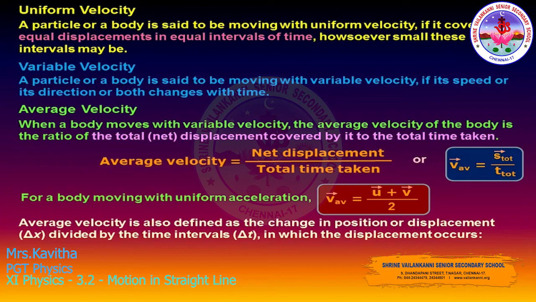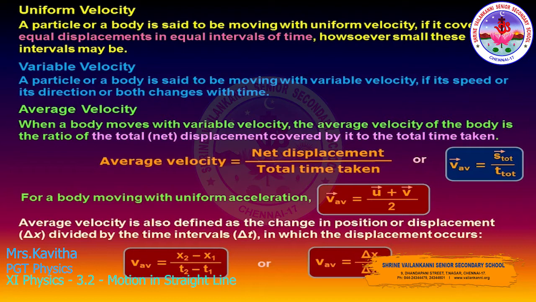Average velocity is also defined as the change in position or displacement, that is del x, divided by the time interval del t in which the displacement occurs. That means V average is equal to x2 minus x1 by t2 minus t1, which is del x by del t, right?